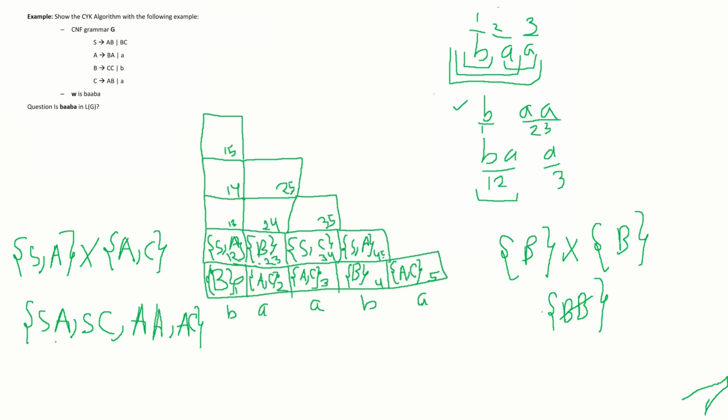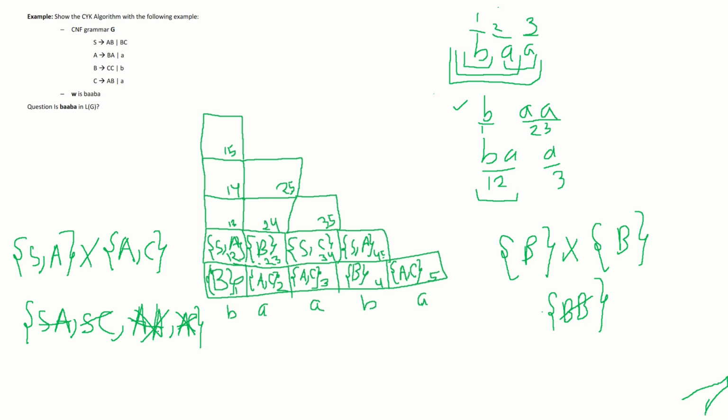Now check SA. Can we get SA? In our grammar there is no SA, so this is also out. Then SC, we can't get any SC, so this is also crossed out. Double A, there is no double A, so this is also crossed out. And the last one is AC. Do we have AC? No, we don't have AC.